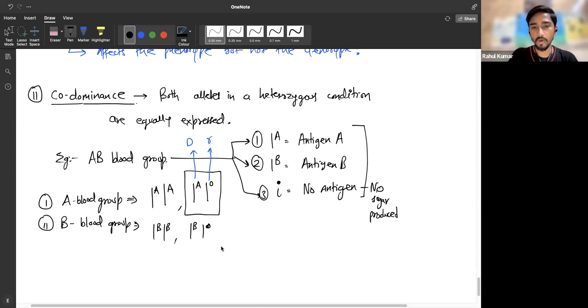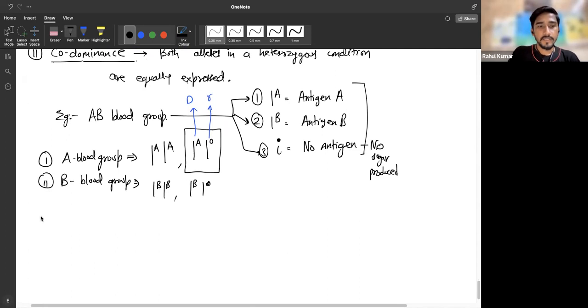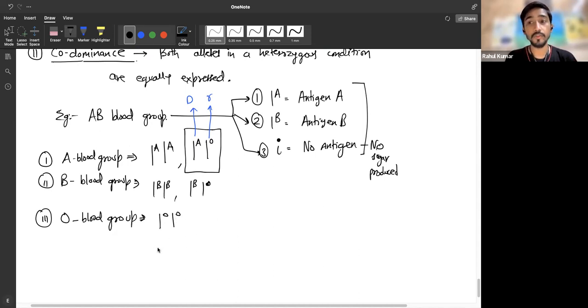Again, the law of dominance is being followed here. If someone is O, I am O, so for O blood group there is only one possibility. I received the small i allele from both my parents. This is the only possibility because it is a recessive allele.